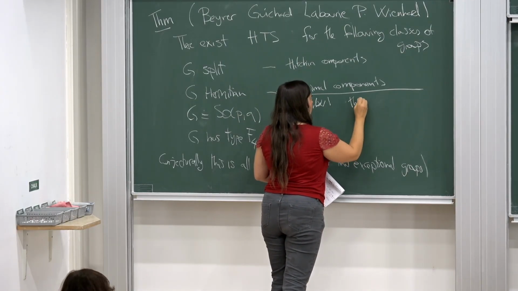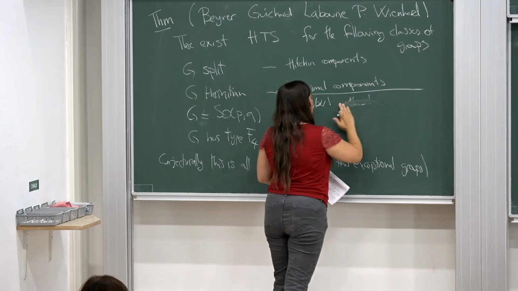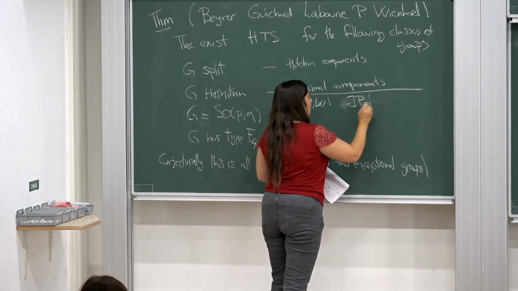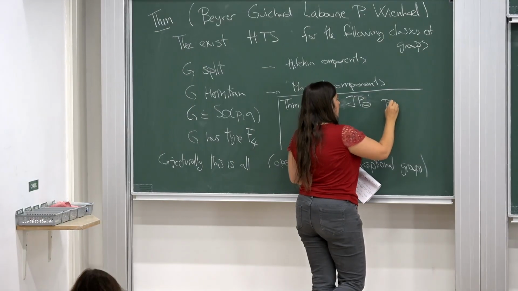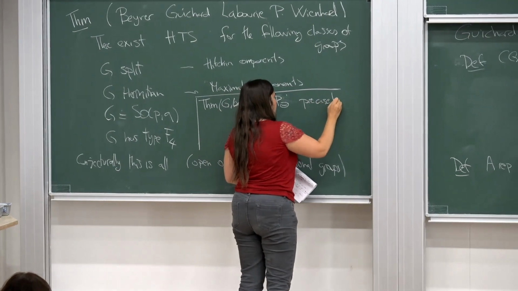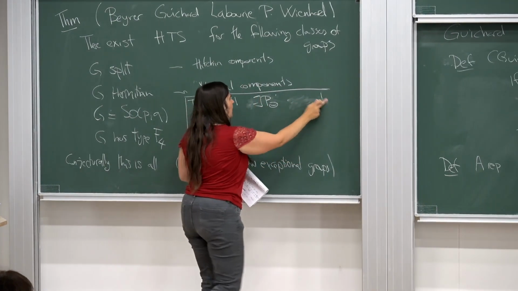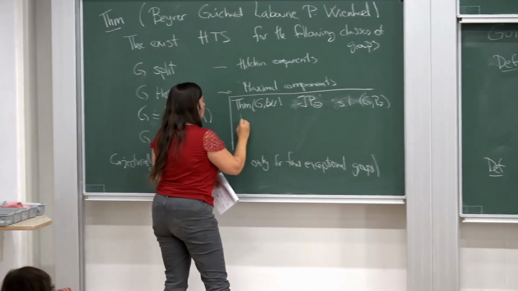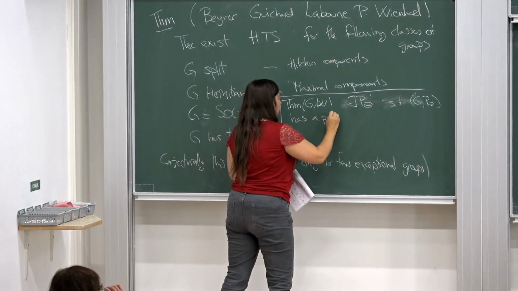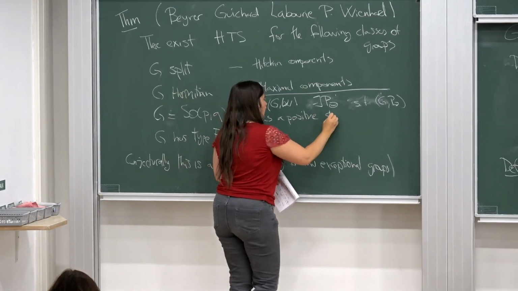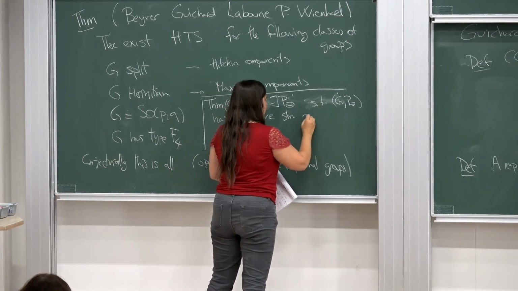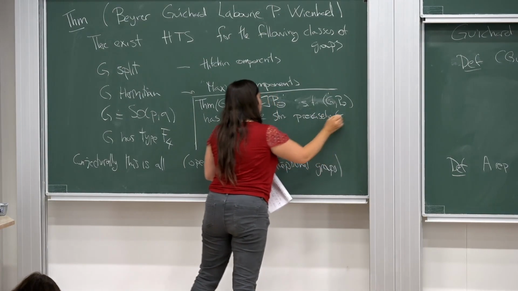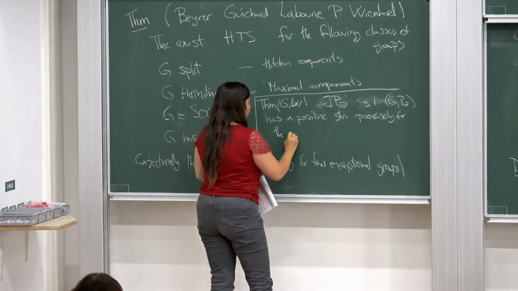So there exists P theta precisely in these cases. There exists a subgroup P theta such that G/P theta has a positive structure precisely for the groups in this list.